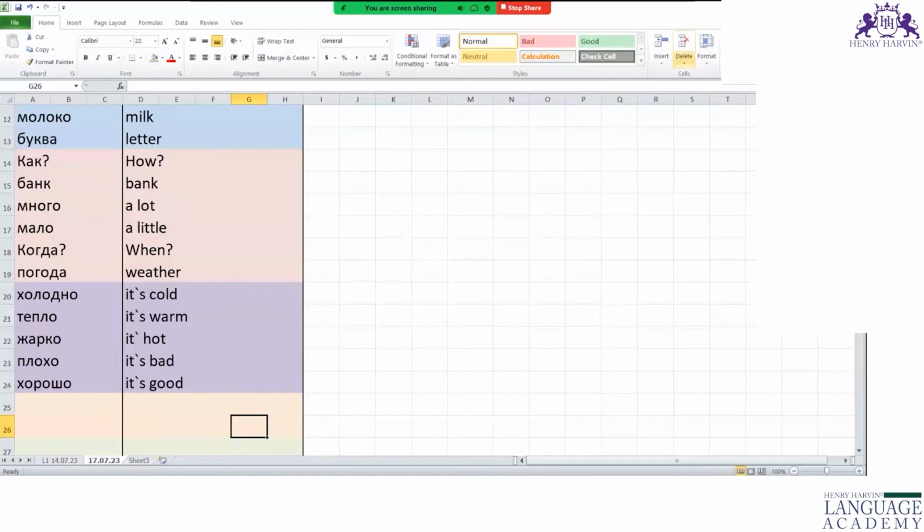For example, I say, okay, let's go to the next page. So instead of saying okay, I can say хорошо. Пойдем на следующую страничку. Okay? Хорошо has many meanings. Not only good, but also well, fine, all right. Okay? Did you write them down?